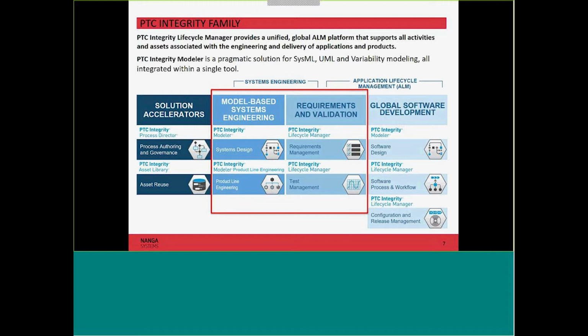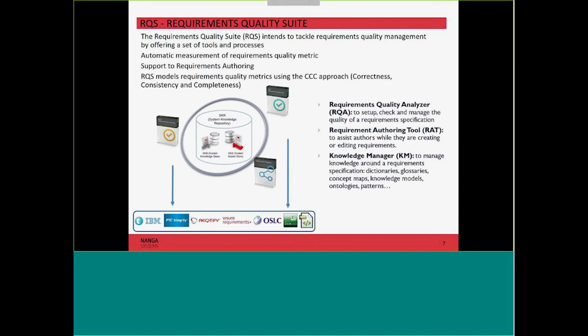And then it's also configuration and release management within Lifecycle Manager, so the aspect of using it for configuration management, version control of software artifacts. But having said that, today we'll concentrate on Integrity Lifecycle Manager for requirements engineering, requirements management, and Integrity Modeler for model-based systems engineering.